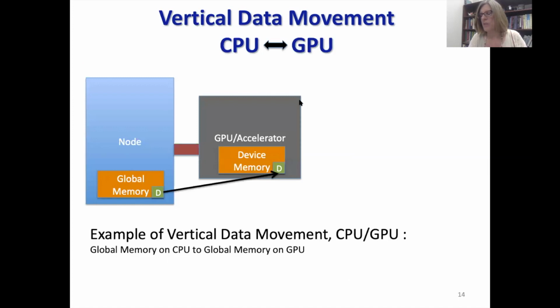And now with GPUs and other accelerators, which tend to be subordinate to general purpose CPUs, another kind of vertical data movement is between CPU and accelerator memories. I've drawn it kind of diagonal, but the accelerator is part of the node, and so this is part of vertical data movement.